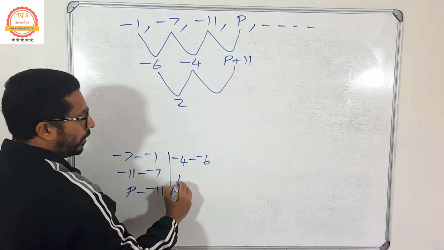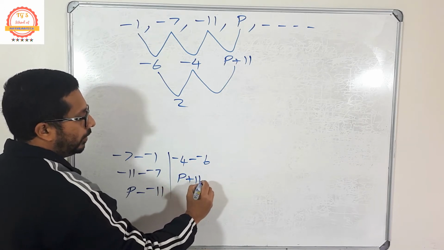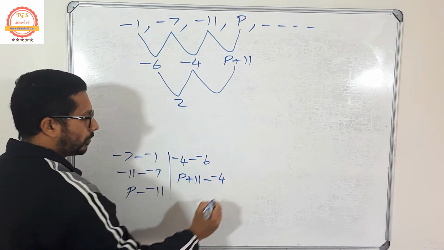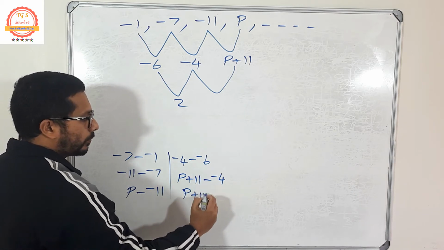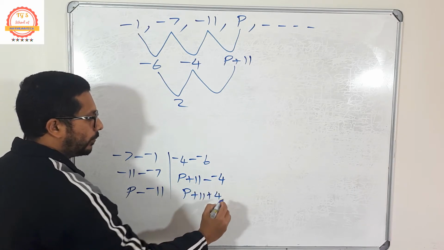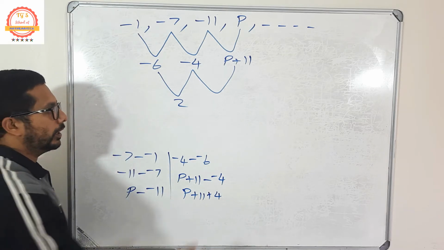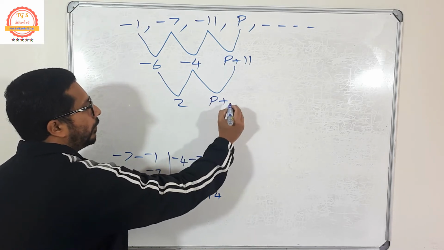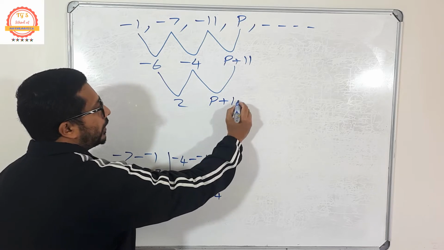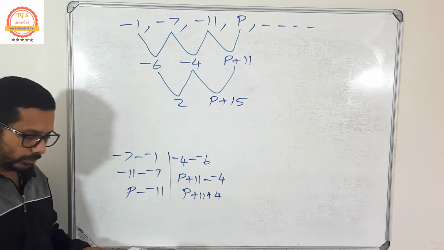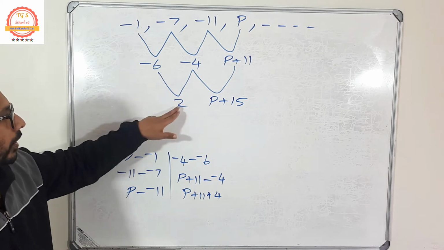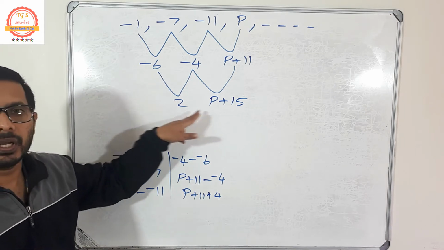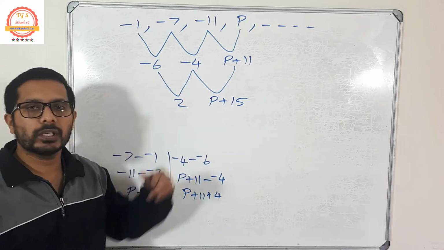Then the next one, p plus 11 minus -4, so it is p plus 11 plus 4, that means p plus 15. So the second differences are: the first one is 2 and the other one we got as p plus 15.